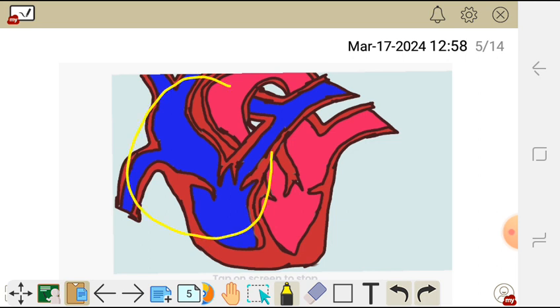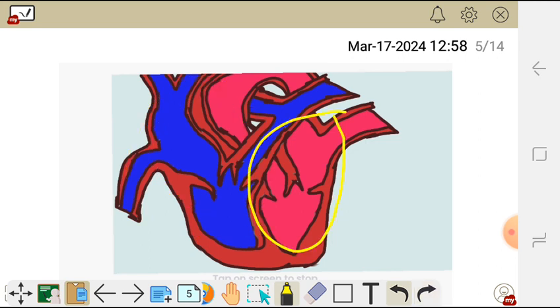So here we have the left heart and the right heart, the left ventricle and the right ventricle. If this part, the left ventricle, which pumps blood to all parts of the body through the aorta, is failing to contract adequately, that is what we call systolic dysfunction.